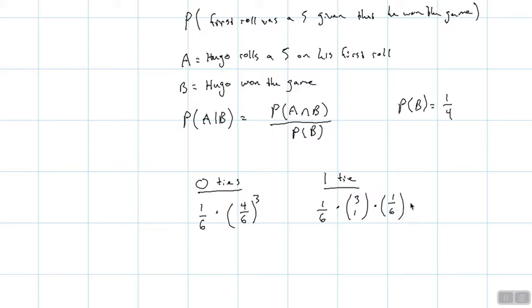And then times 4/6 for the other 2 people that roll either a 1, 2, 3, or 4. And then once they tie, so it's Hugo and one other person that have to roll again, Hugo has a 1/2 chance, once it's a roll-off between those 2, of beating that other person. So that's the probability there.